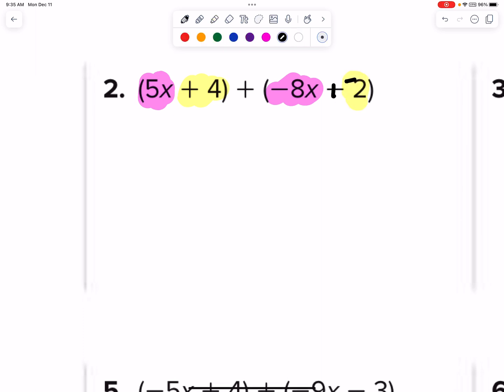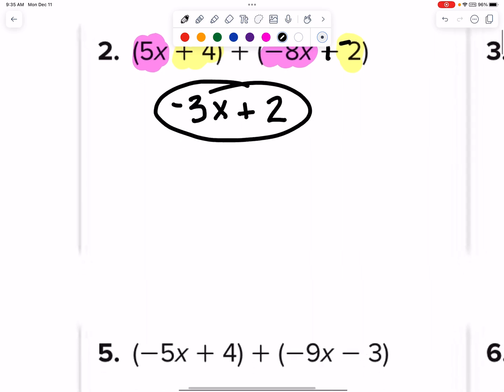Okay, and go ahead and combine like terms. So we have a -8x and a 5x. Different sign subtract. So we have a -3x plus 4 minus 2 is 2. And there we go with number 2.